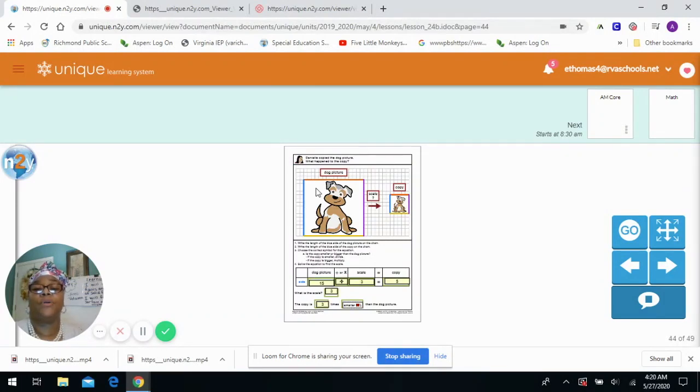When you put it on the grid, what is it? How many? So we have 15 cubes there, 15 squares. So the dog's picture was 15. And then we had what? 5. So it was divided by 3.